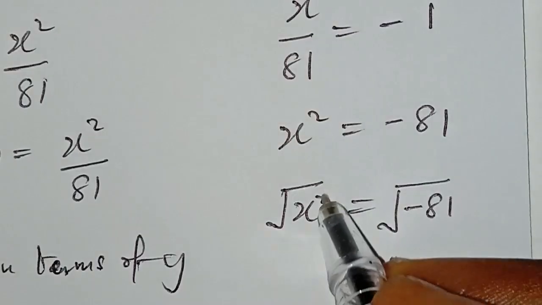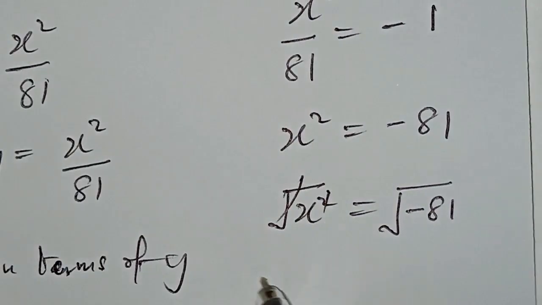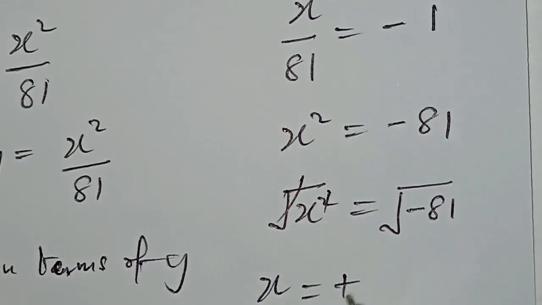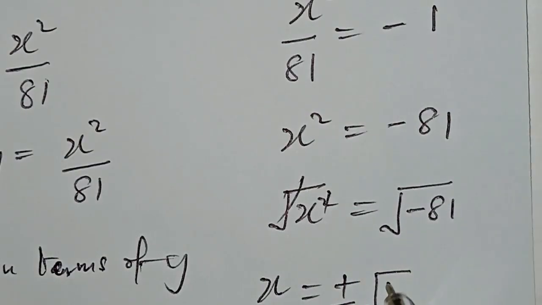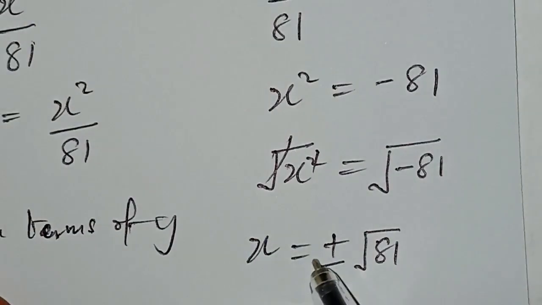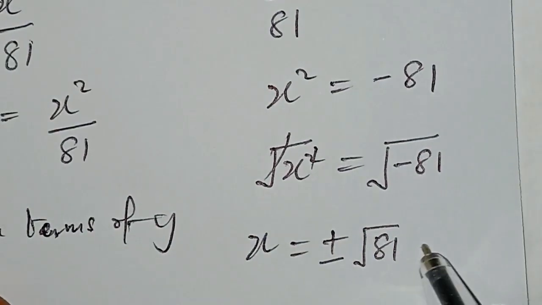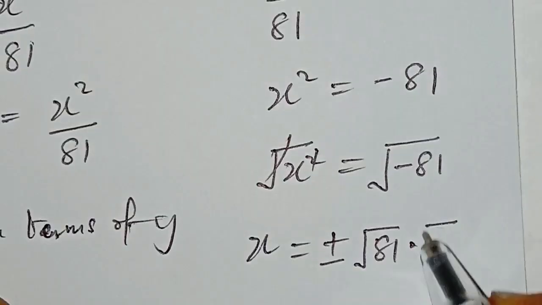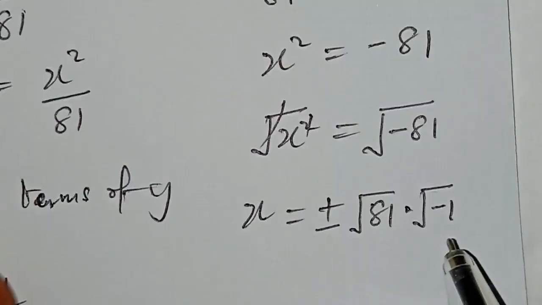So this square cancels out this square root. We have x equal to plus or minus the square root of 81 multiplied by the square root of minus 1.